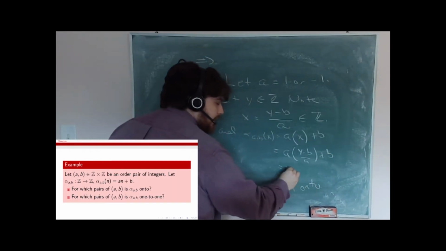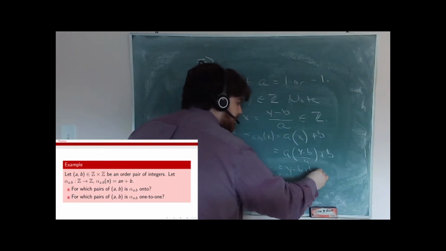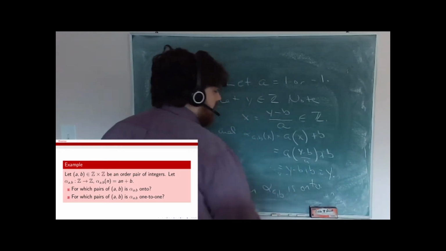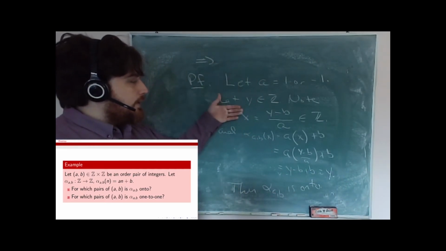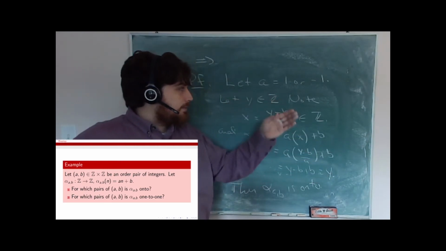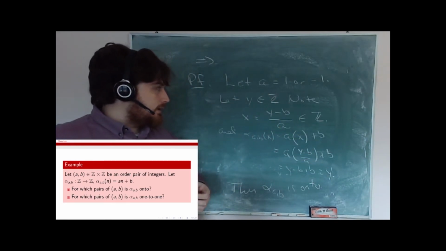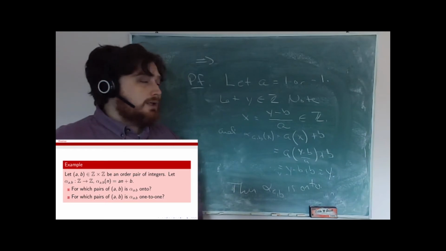The a's cancel, so I get y minus b plus b, which is y. Hence, we have some integer that gets mapped to y for any integer y. So therefore, this mapping will be onto.